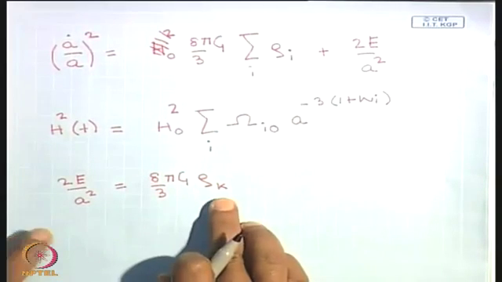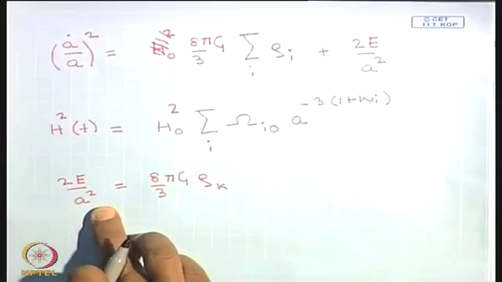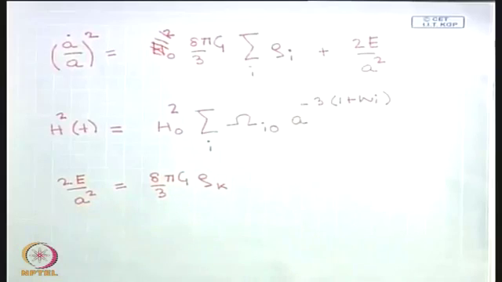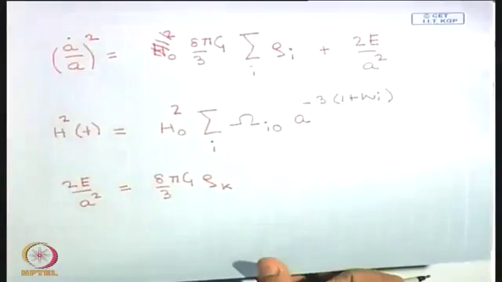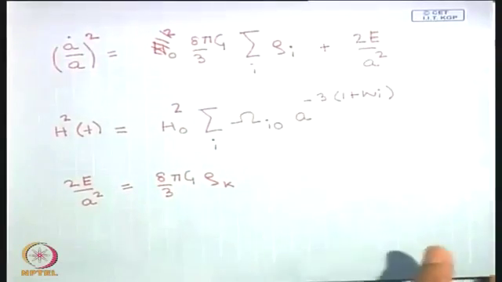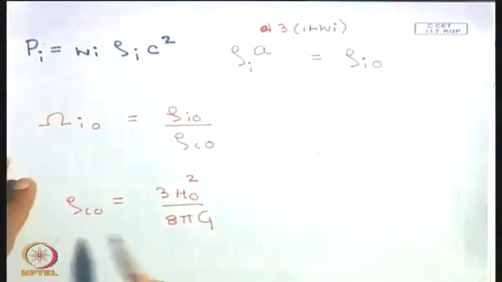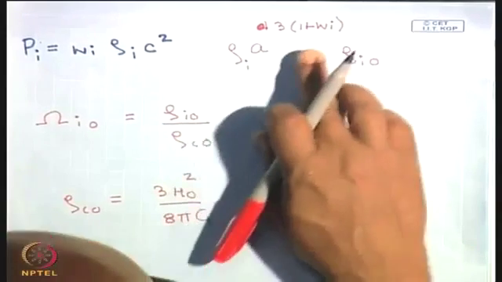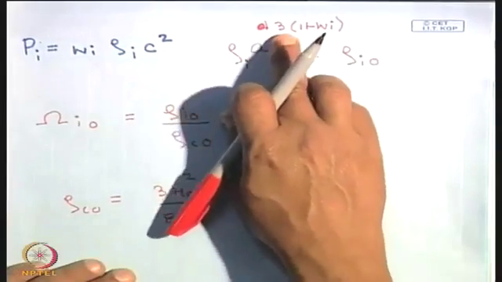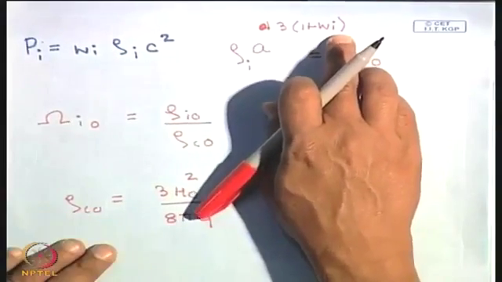As the universe expands, this density should fall as 1 by a squared. So we have introduced a fictitious density by hand, and you want this to scale as a to the minus 2 as the universe expands. So w should be minus 1/3.